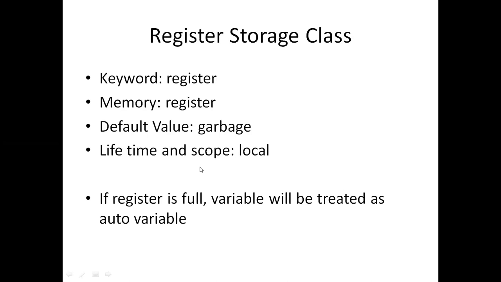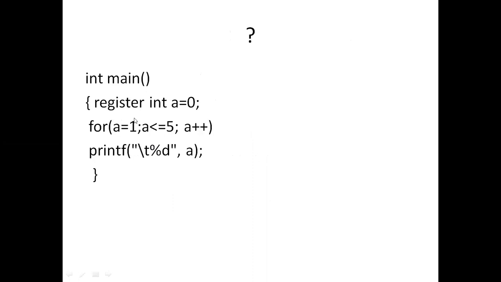If the register is full and you cannot store your variable inside that register, that variable will be treated as an automatic variable. This works the same as automatic, but it will be faster than automatic.